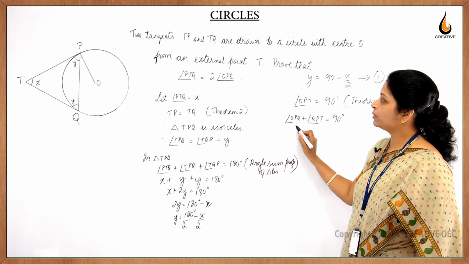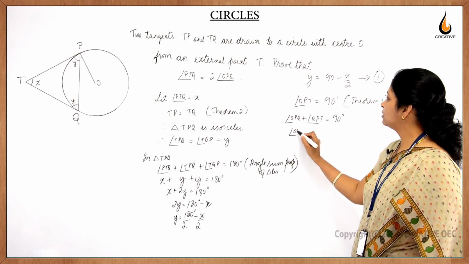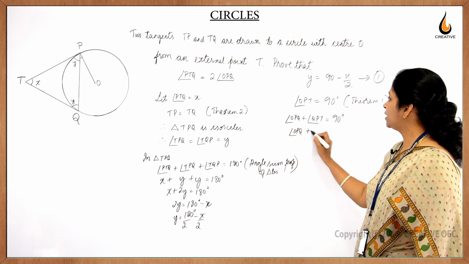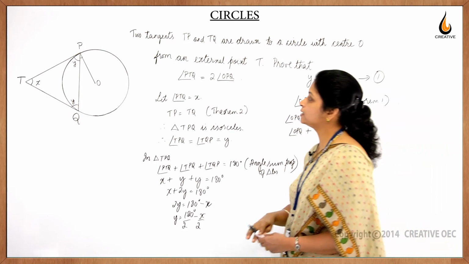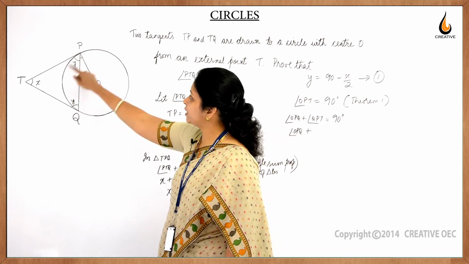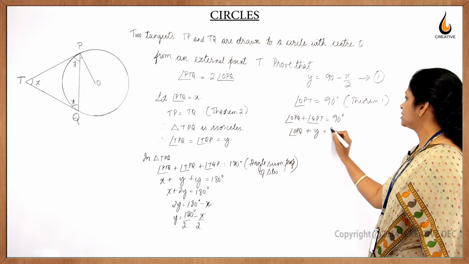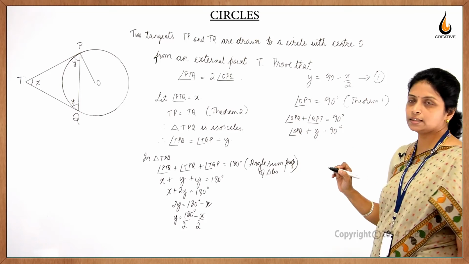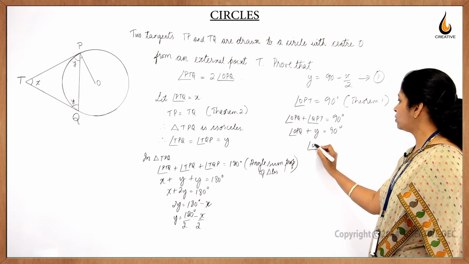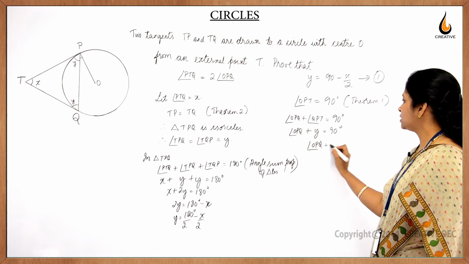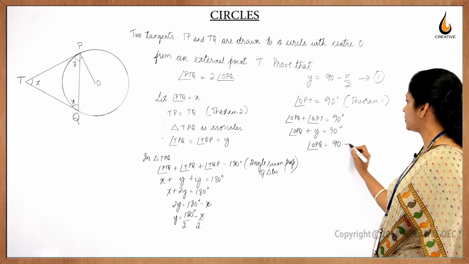Now, angle OPQ we do not know, plus we know that this angle QPT is y. OPQ plus y is equal to 90 degrees, or angle OPQ is equal to 90 minus y.